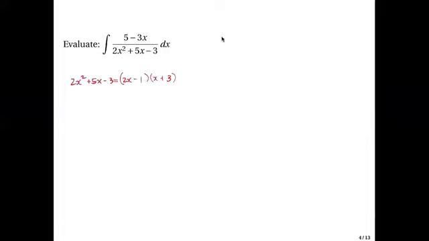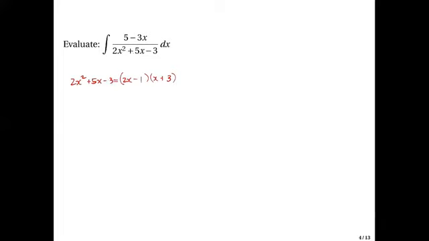So you will get what? 2x times x, that's 2x squared. 2x times 3, that's positive 6x, minus 1 times x, that's minus x. So 6x minus x, that's your positive 5x. And of course, negative 1 times 3, that's negative 3.